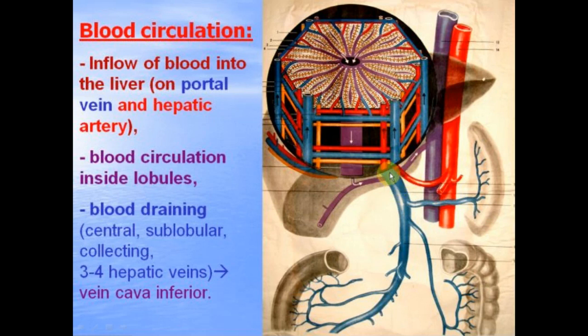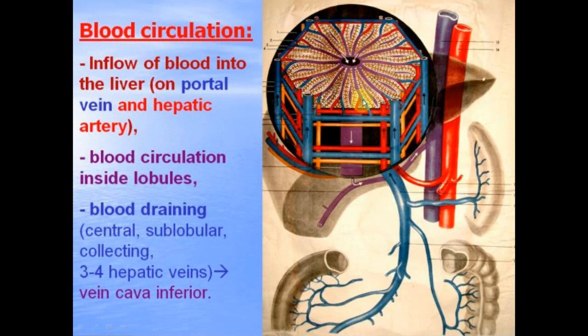These 2 vessels go together and branch together, initially into lobar vessels, then segmental vessels, and then interlobular vessels around the hepatic lobule. The interlobular vein and artery give small vessels around the lobule: the artery gives arterioles and the vein, small venules.